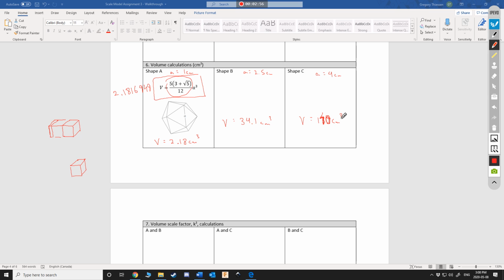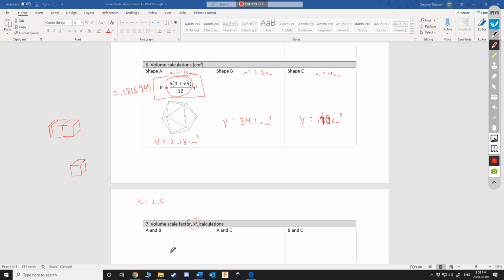Okay. So again, there are multiple ways we can find our k cubed factor. What this tells you is how much our volume is going to increase by if we have a scale model based on that k value originally found. So our first one, we found out that the k factor was 2.5. It doesn't mean we're going to have 2.5 times more volume.